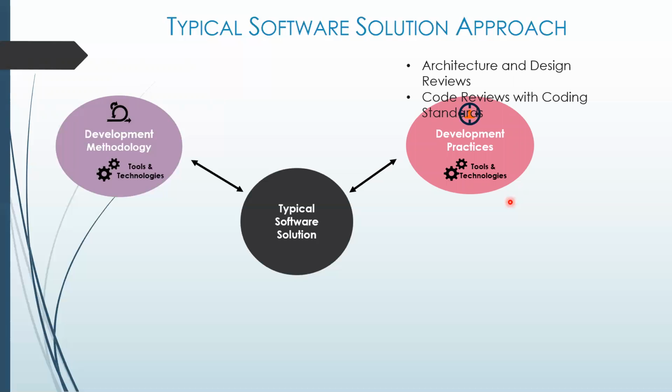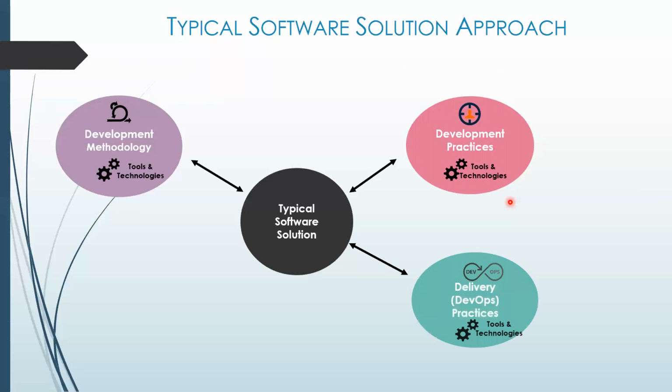Whether it is peer-to-peer review, or the lead is reviewing the members' code. Likewise, who will do the architectural design and who will review it? Whether they have an architectural design review board. All those things are considered under development practices. Code review and standards are also so much important, we need to consider in the development practices.